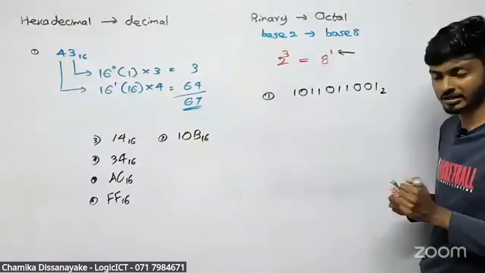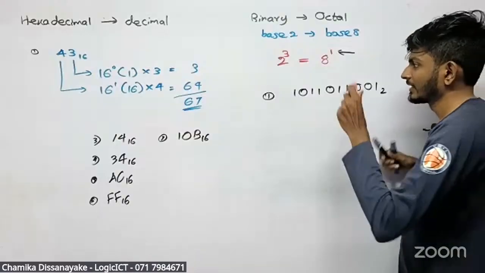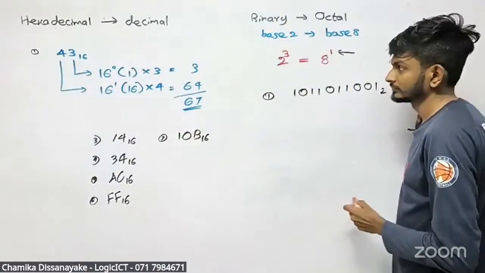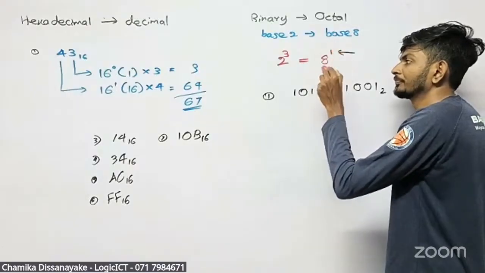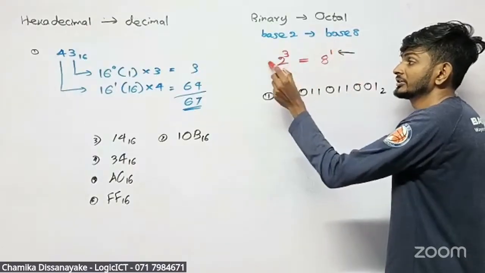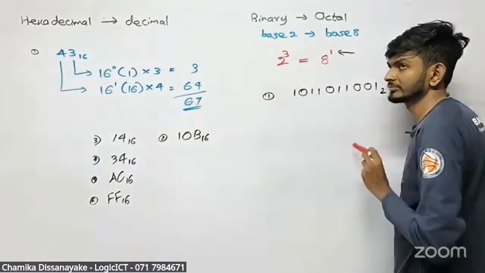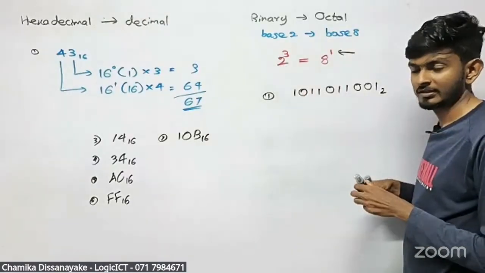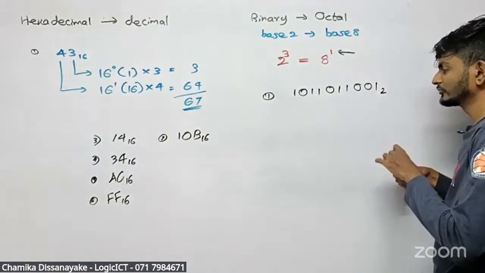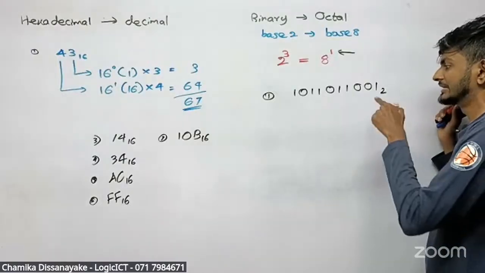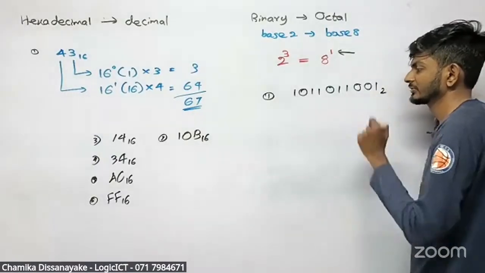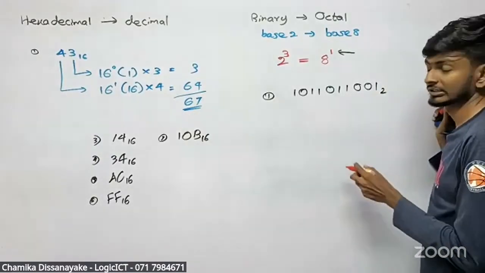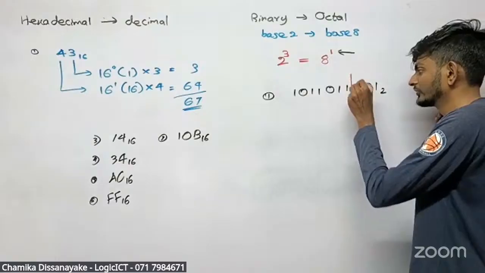So the thing is, guys, as you already know, we can write 1 digit of the octal number system using 3 digits of the binary number system. That means here we are going to divide this binary number 3 digits by 3 digits.